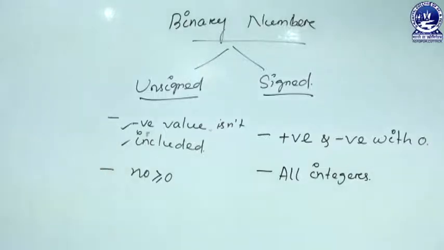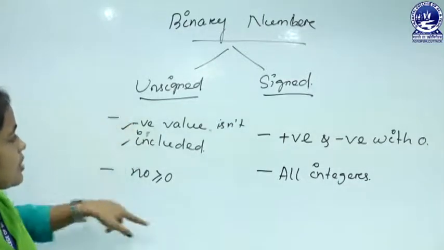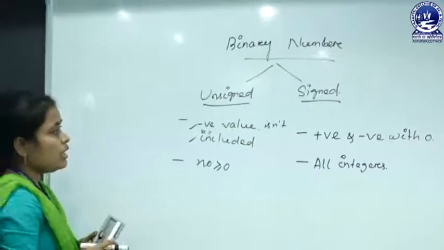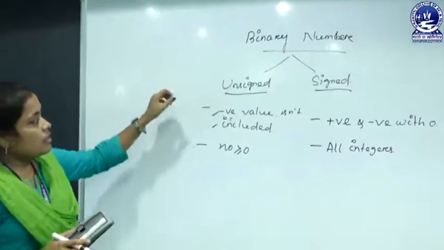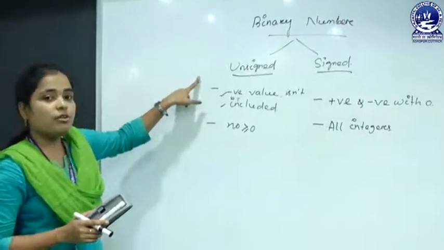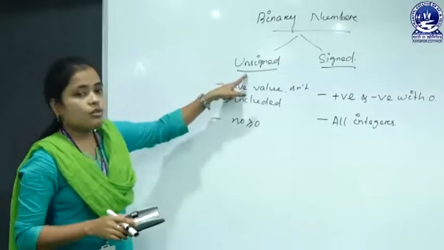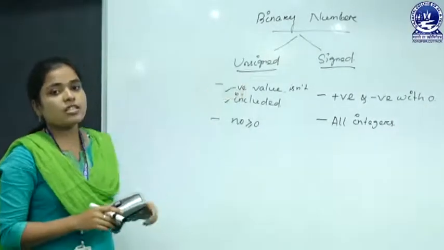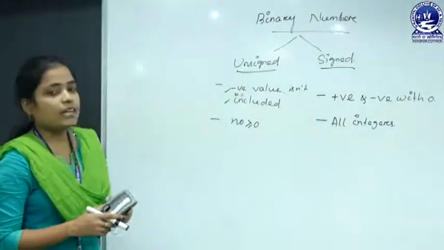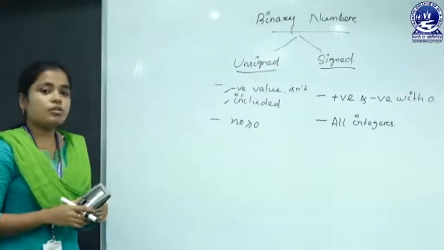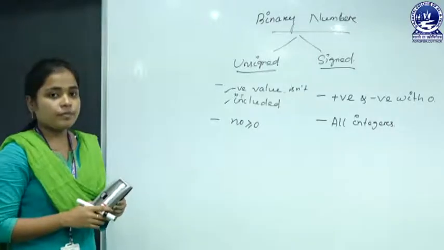For the representation of unsigned values there is no change, you can simply convert the decimal value into binary form. If you have any doubt regarding the conversion of decimal to binary, you can go to the previous lectures.